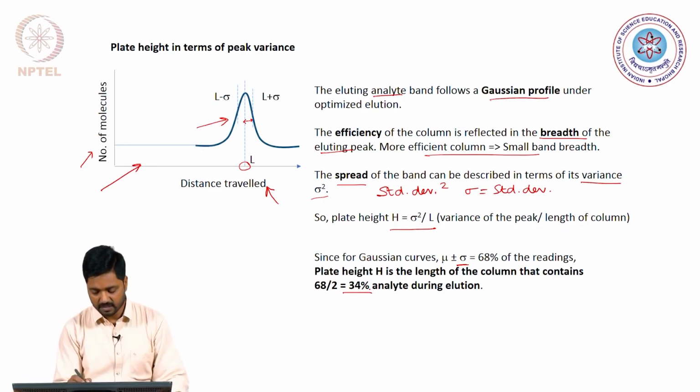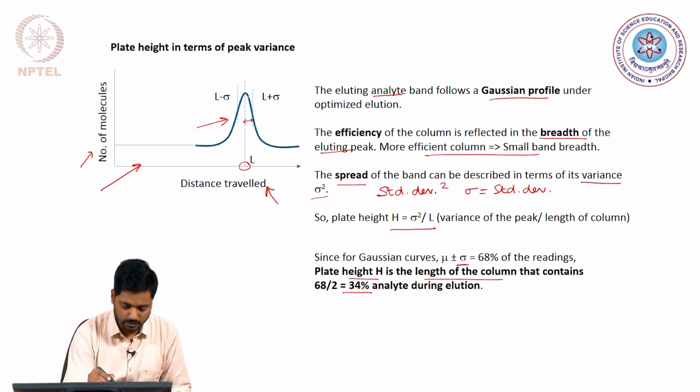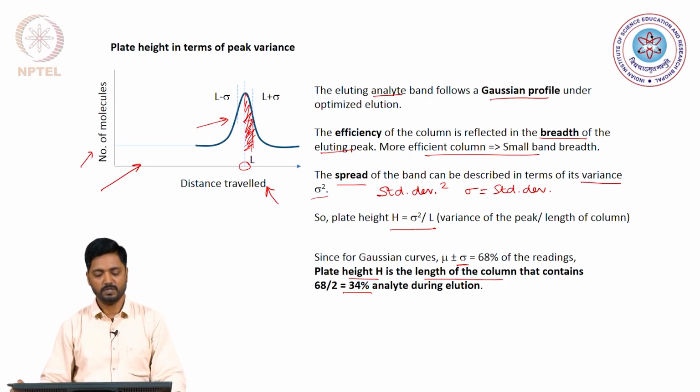So, plate height is nothing but the length of the column that contains 34% of the analyte during the elution. We can highlight this region to further bring out this point. This is the regime which we are talking about when we consider the plate height. It is given in terms of the length of the column.